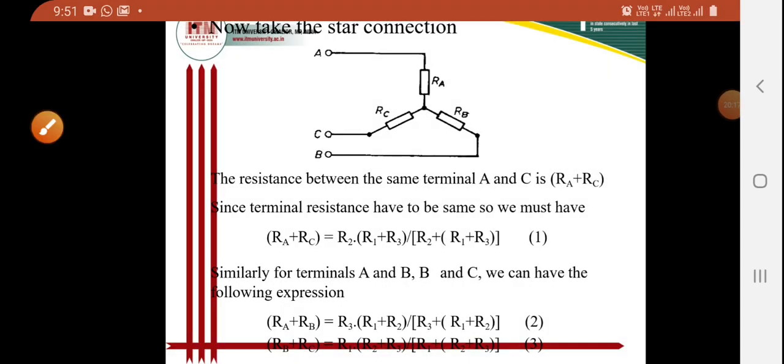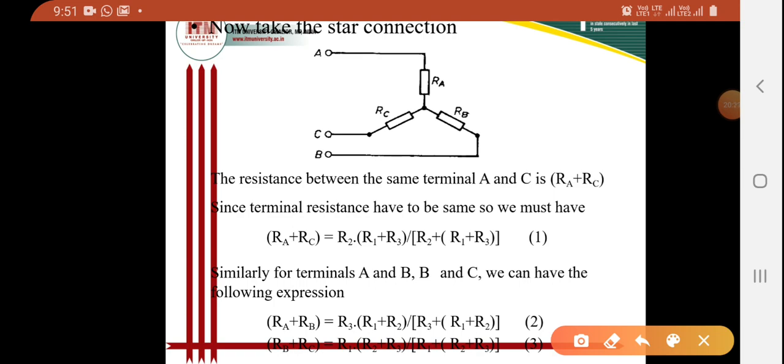So we can equate these two values now. For terminals A and C, from the star connection, this is RA plus RC, which is equal to R2 whole into R1 plus R3 divided by R2 plus R1 plus R3.